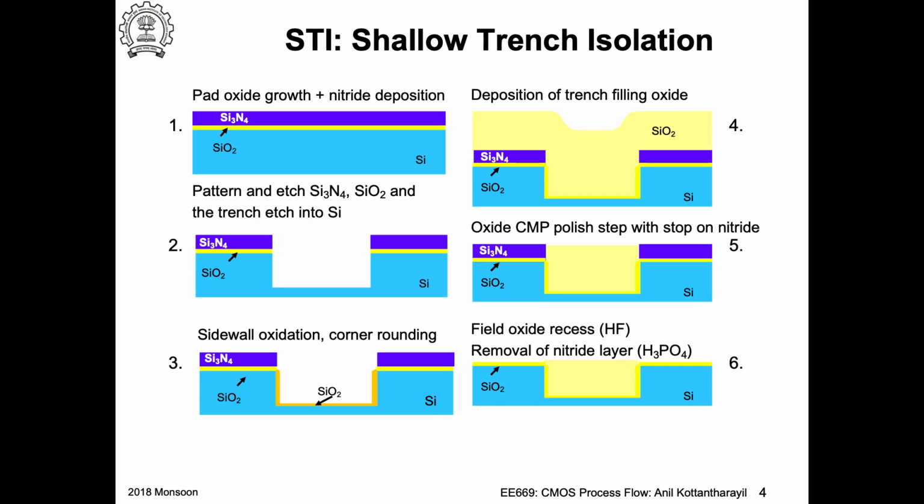Typically you start with a silicon wafer, which is these days 300 millimeter in diameter, so that is 12-inch in diameter, right? And then the wafer type is typically P-type, because that is less expensive compared to N-type wafers.